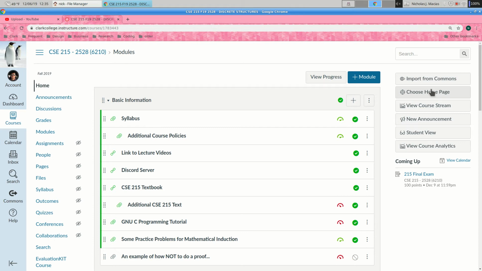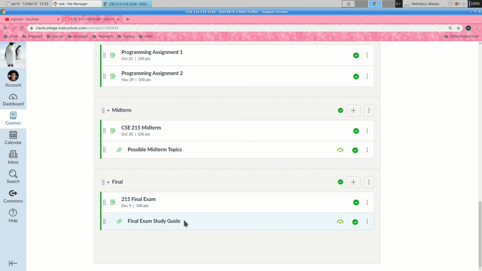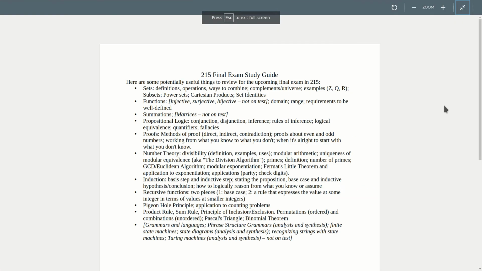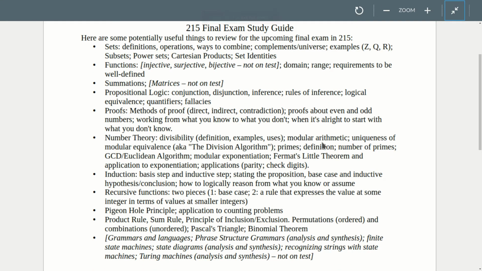Is there a list of subjects that will be covered on the exam? So there's a final exam study guide. The italicized things in brackets I'm not going to ask you about because we didn't go over them in the detail that I would like for asking questions on them.